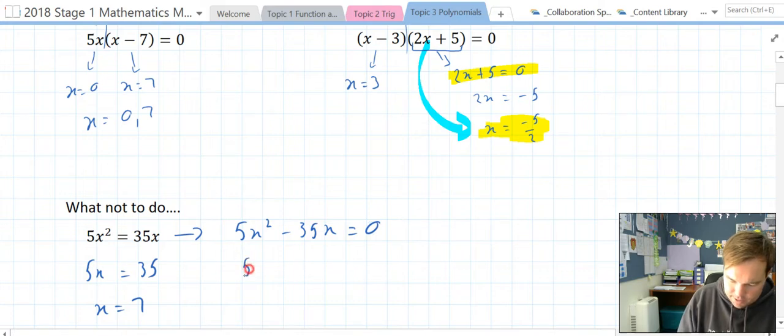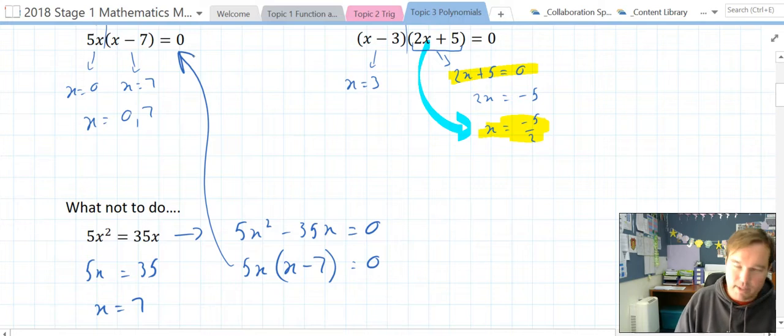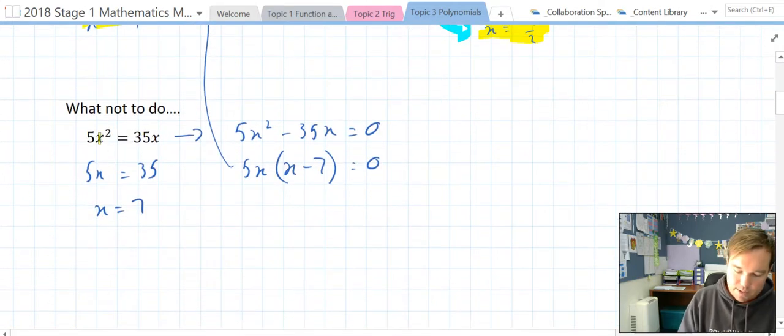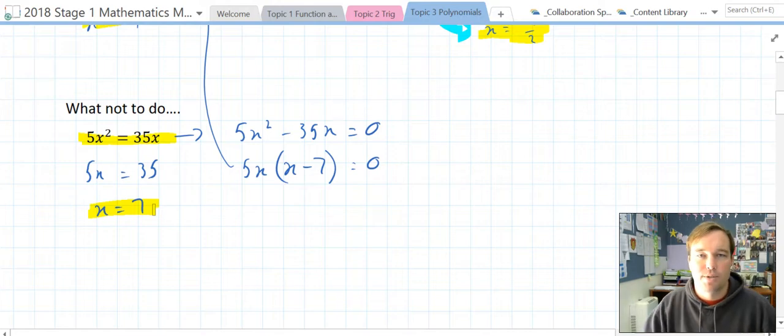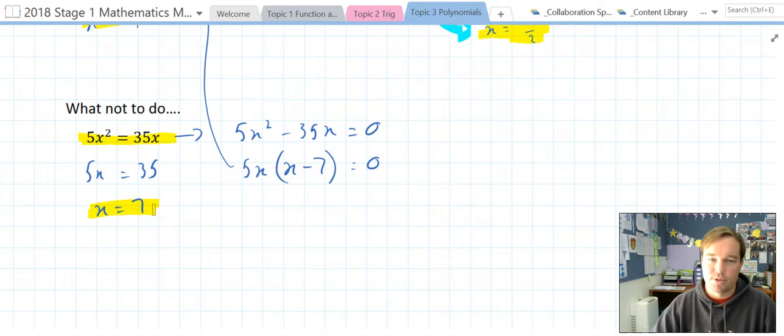We could then factorize 5x out, leaving us with x take 7 equals 0, which is that example up there. And we know that that example up there has two solutions, 0 and 7. Whereas if we divide by x at this stage, we knock out one of the solutions. So don't ever divide by x because you're potentially getting rid of one of the solutions.